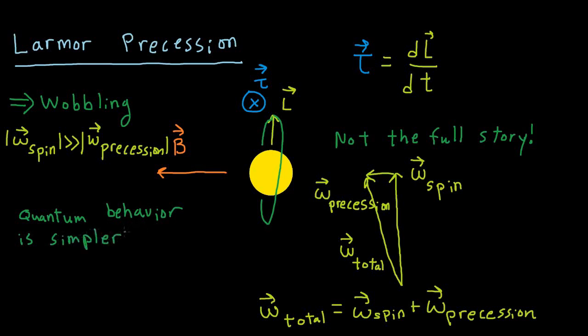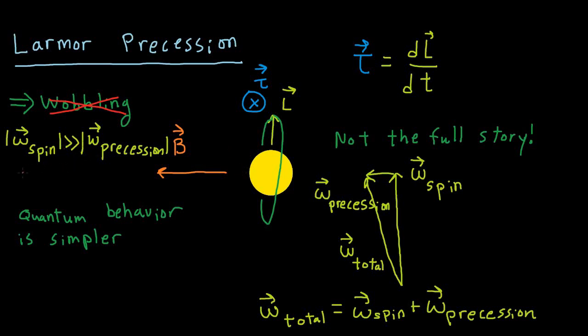And the reason that it's simpler is because there's none of this wobbling going on. So in other words, we have Larmor precession, which is just that the angular momentum vector goes around in a circle, and on top of that, we have wobbling. But in the quantum case, there is none of this wobbling.